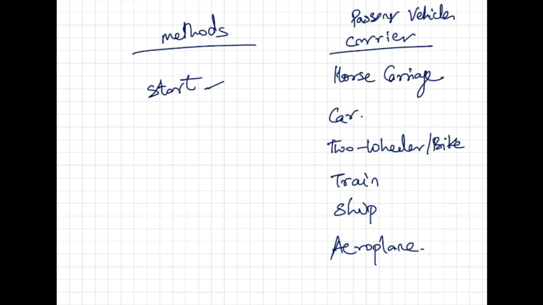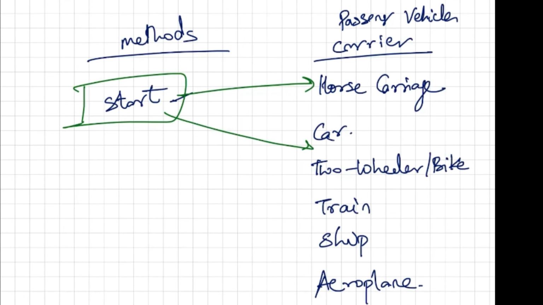Now let's validate how the method works on each of them. Start for a horse carriage will be like pulling the rope of the horse. For the car, it will be pressing the gas, turning on the engine. For a two-wheeler, it may be a similar concept but done differently. In the train, it may be turning on a different button.